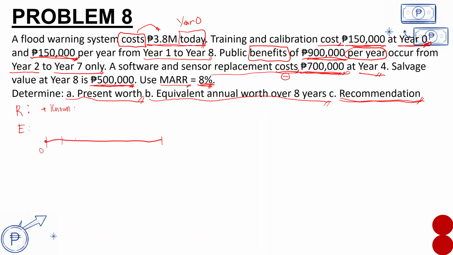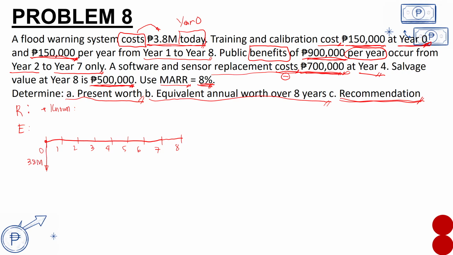So we have our 1, 2, 3, 4, 5, 6, 7, and our 8. And then we apply or graph here our known values or information.